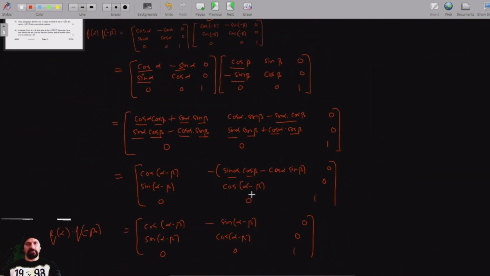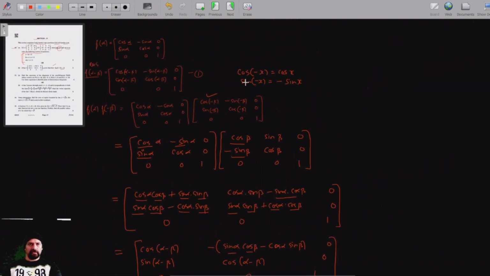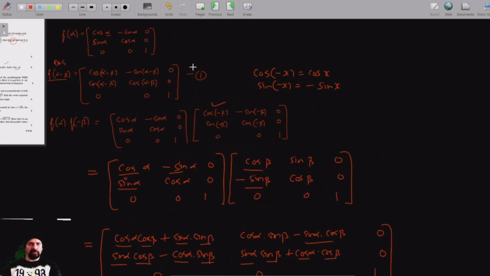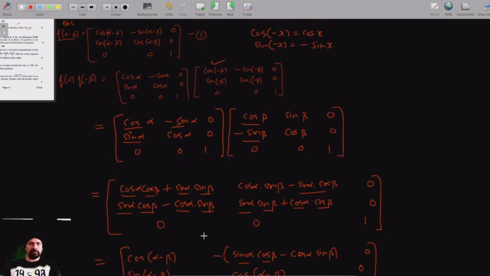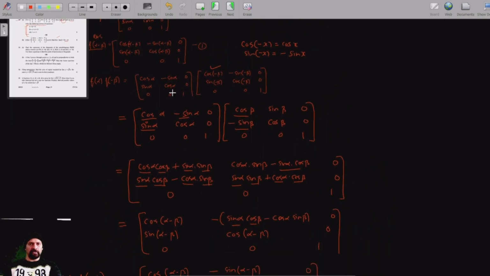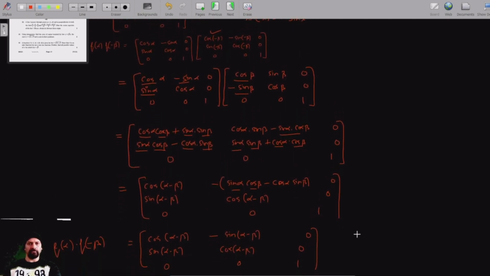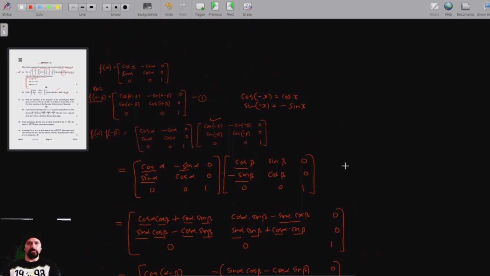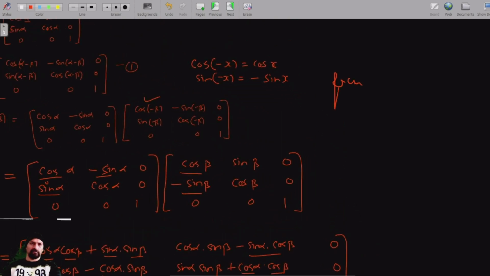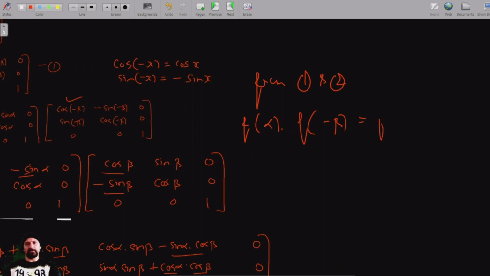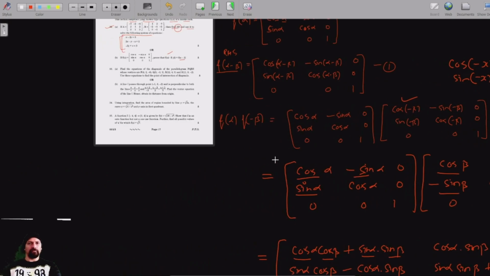And if we compare this with f of alpha minus beta, which is cos alpha minus beta, minus sine alpha minus beta, 0, sine of alpha minus beta, cos of alpha minus beta, so from 1 and 2 you can say f of alpha into f of negative beta is equal to f of alpha minus beta, and hence it is proved.